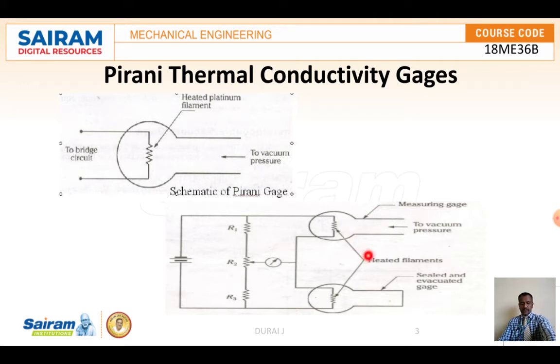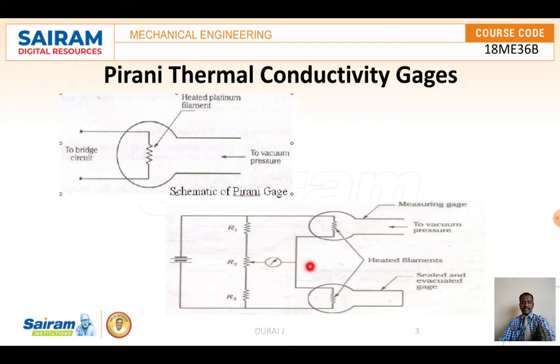The measuring gauge is first evacuated, and both the measuring and sealed gauges are exposed to the environment condition. The bridge circuit is then adjusted through resistor R2 to get the null condition. Initially we keep it at the null condition.